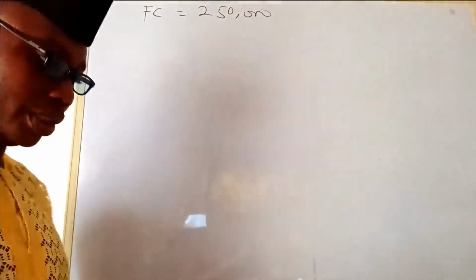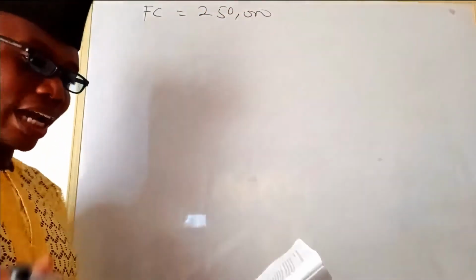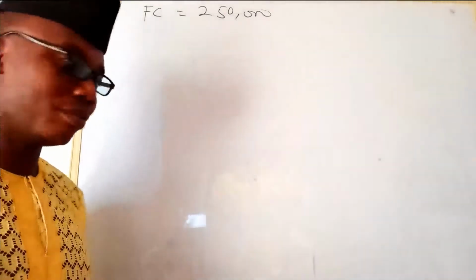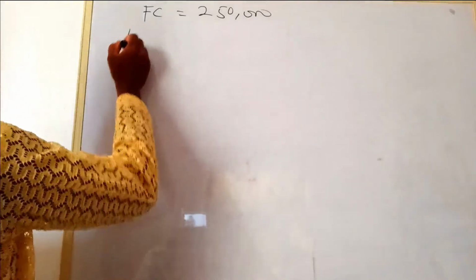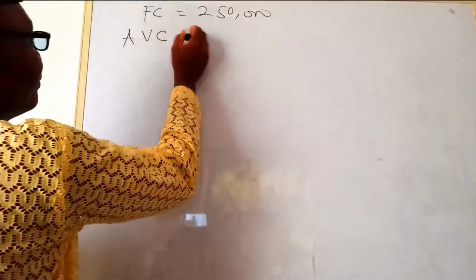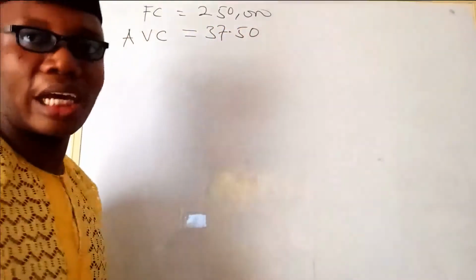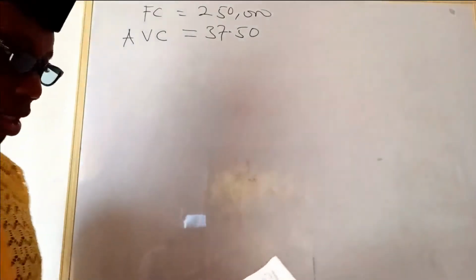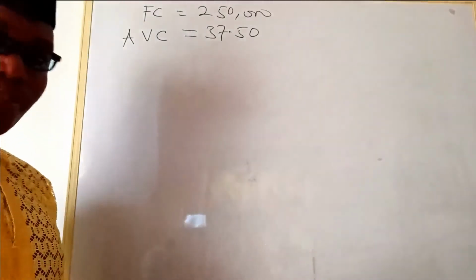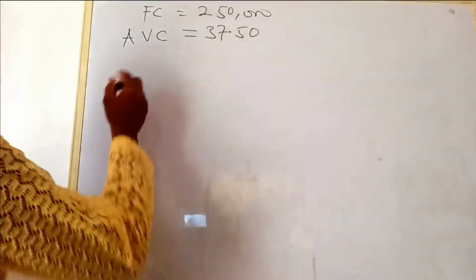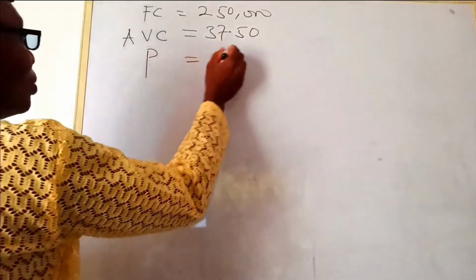That's the first information. While average variable cost, AVC, is 37.50. I hope you are following me. And the price P is equal to 50.